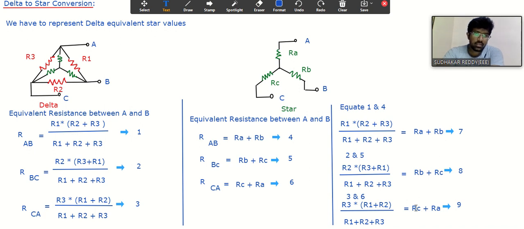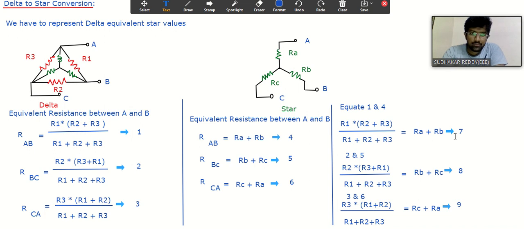Similarly, if you subtract 8 and 9, RC gets cancelled and you will get RB minus RA. And we already have RA plus RB. If you add the resultant equations, you will get one resistance value. That is what we are going to do now.